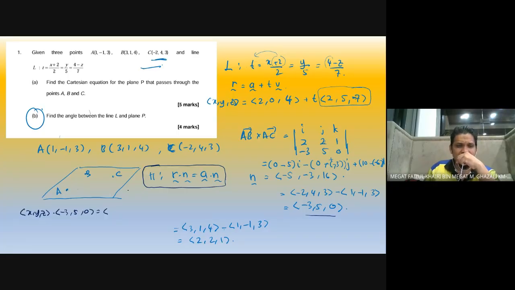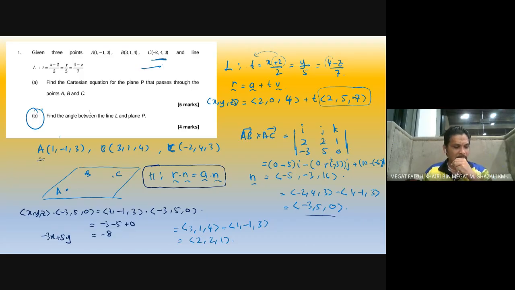I choose to make it simple, the coordinate of a, not necessarily a, but then we just choose a. 1, negative 1, and 3 dot with the normal, which is negative 3, 5, 0. So then dot product, 1 times negative 3 equal to negative 3, negative 1 times 5 minus 5, 3 times 0 equal to 0. Then we got negative 8. So negative 3x plus 5y plus 0z equal to negative 8.